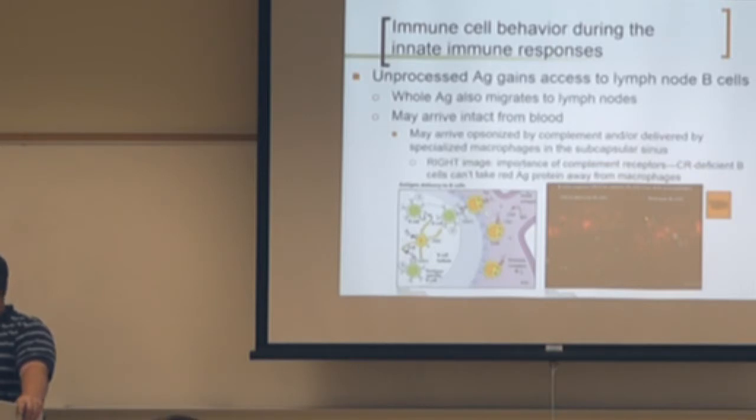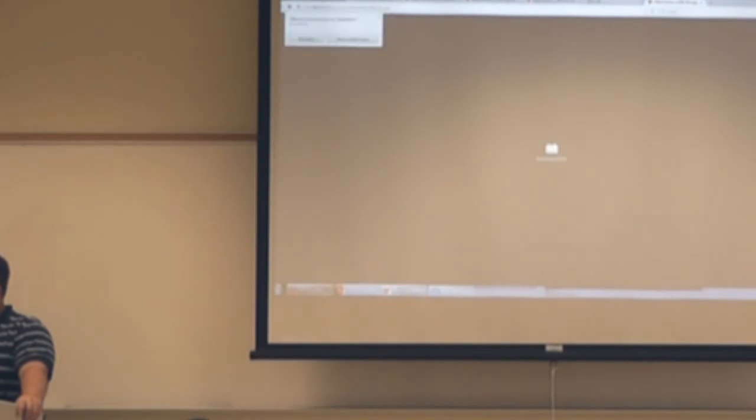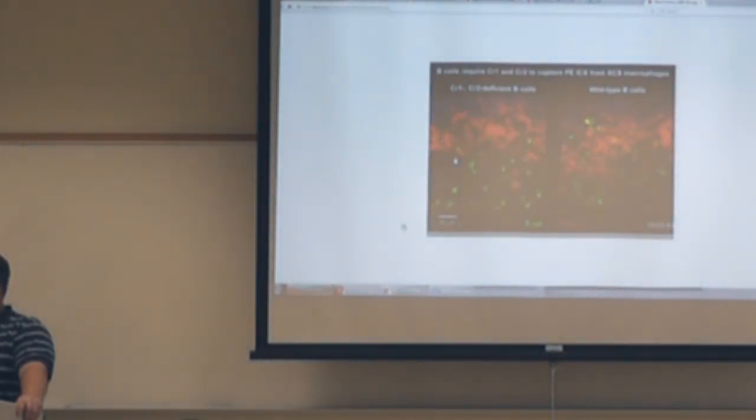But if not, you can see that the B cells in these cases are spending a little bit more time associated with the antigen that's bound to macrophages, and in some of these cases, the red looks like it's running down, it's getting together.